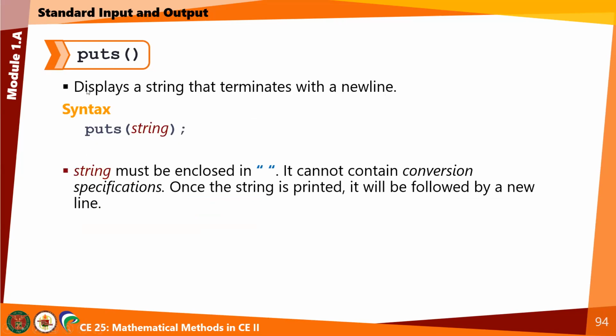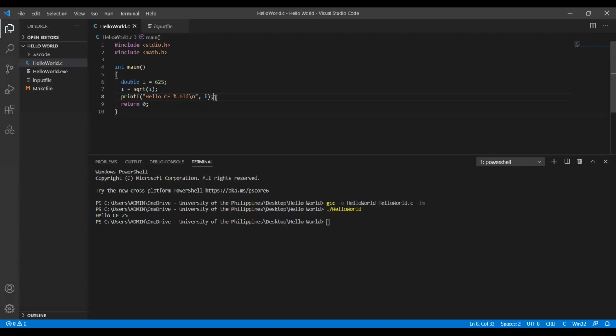So, puts displays a string that terminates with a new line. Let's try this. Puts. For example, puts hello world. And then save it and build it.